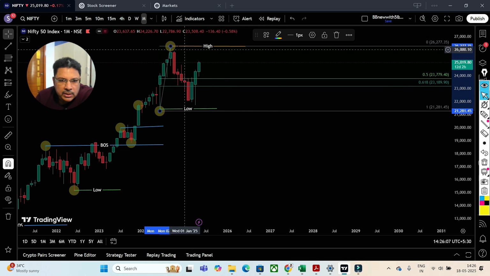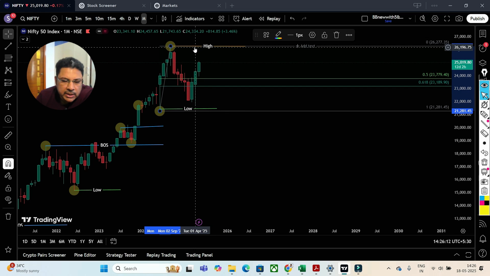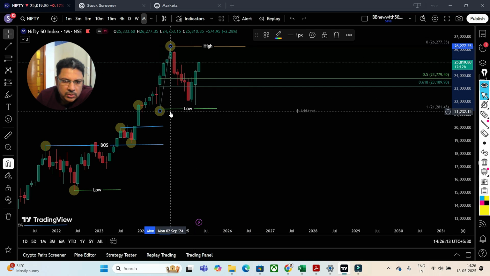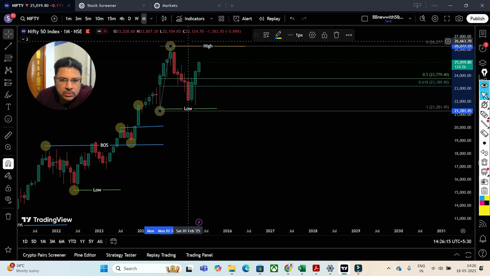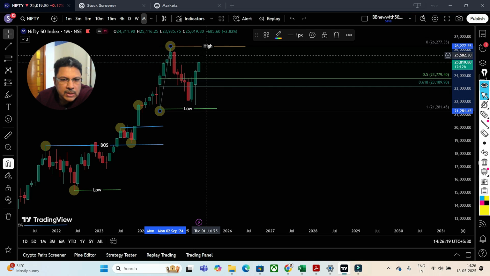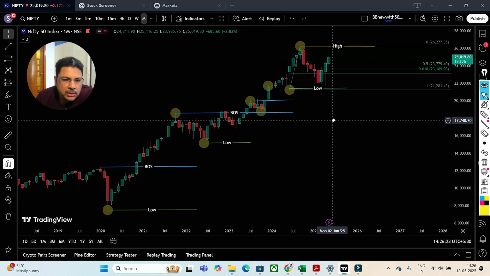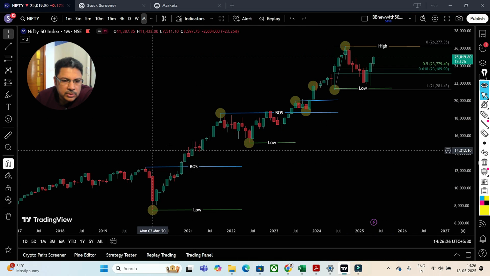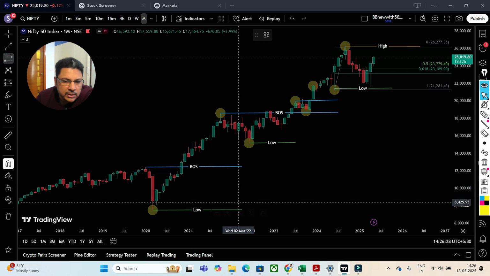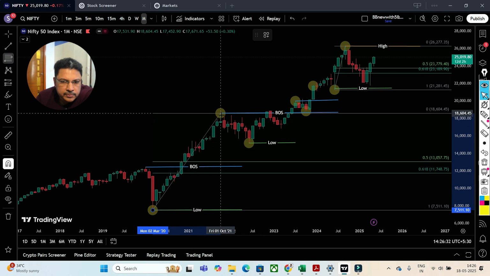Now it is in a zone where you have to wait for the breakout of this high, or you have to wait for the breakout of this low. So it is mostly going to be a sideways market till the time it breaks out this high. Now let's see, you can apply fib retracement anywhere here, like from the lowest point to the new high.